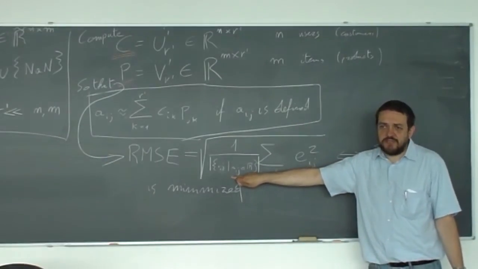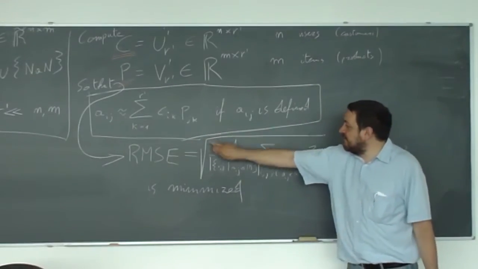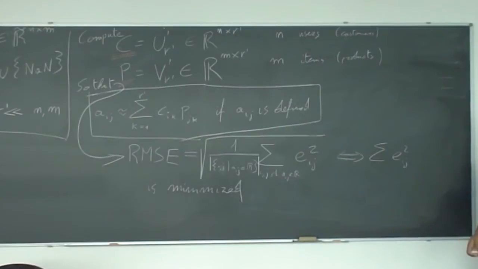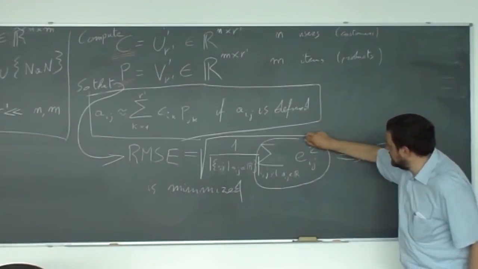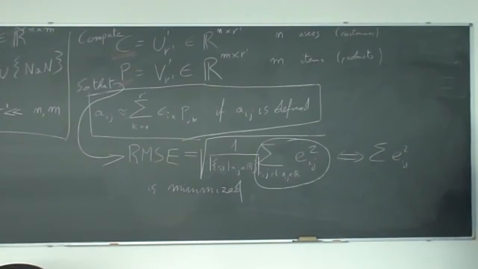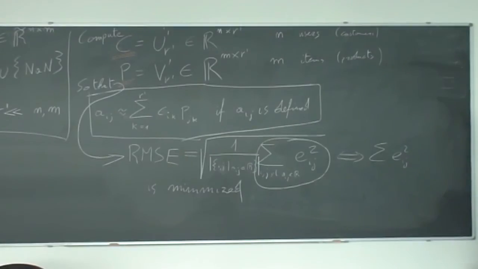The fact that we divide by this number, which is always the same, or that we take the square root, which is an always increasing function of positive numbers, doesn't change anything. What matters is that we minimize this sum of squares. This is what we want to minimize. Okay, the problem now is, how do we minimize that?